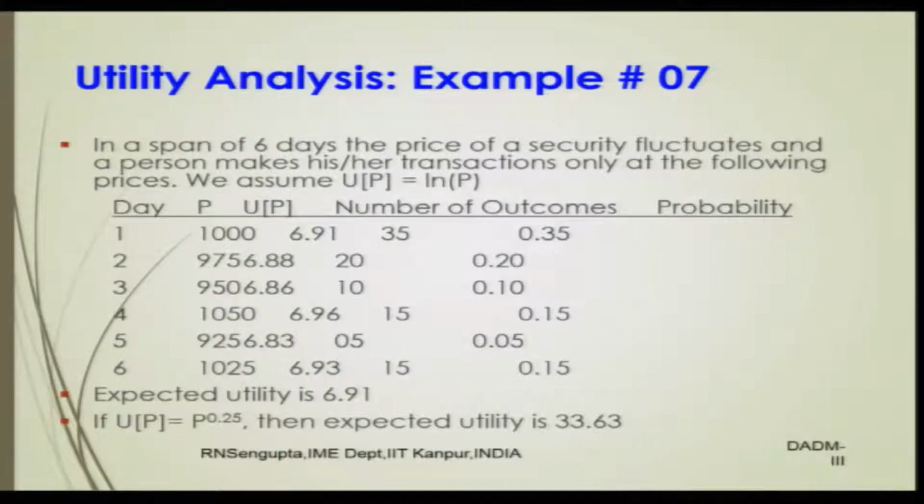Obviously, when these values are given, we are considering them as W, some wealth. They may have different implications also. The moment you have those W's, which is the price, and the utility function is logarithmic, we convert them and find the utilities: 6.91, 6.88, 6.86, 6.96, 6.83, 6.93. So, that gives the utility U(W), based on the logarithmic function.